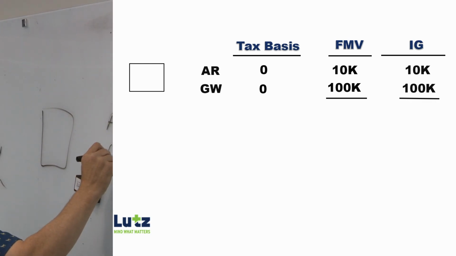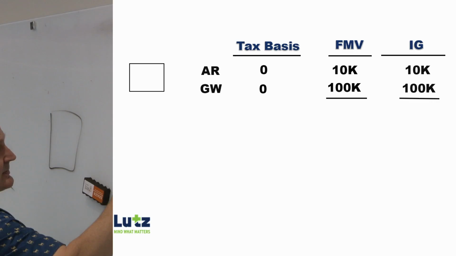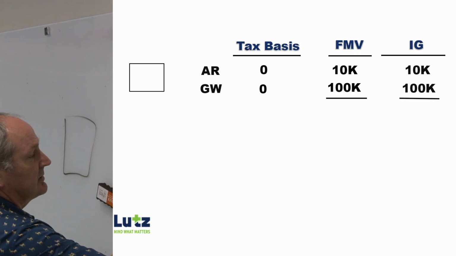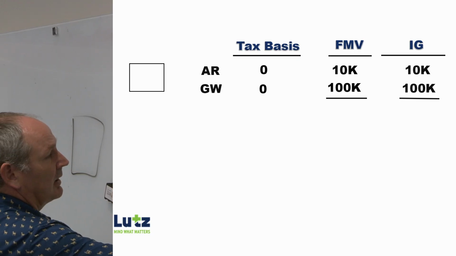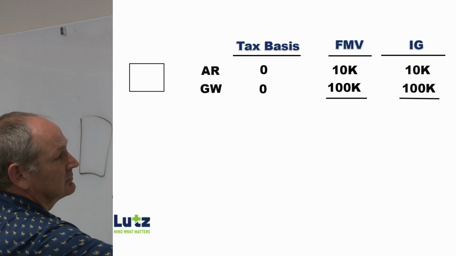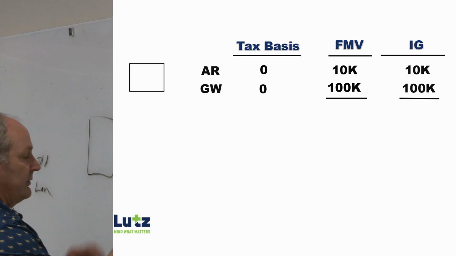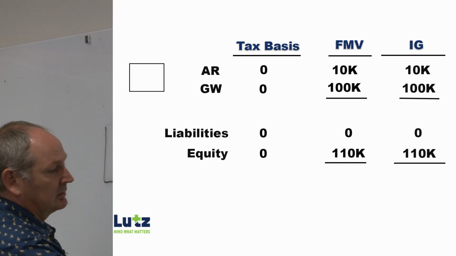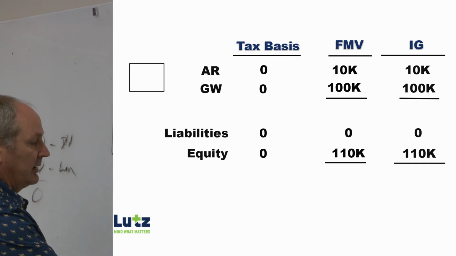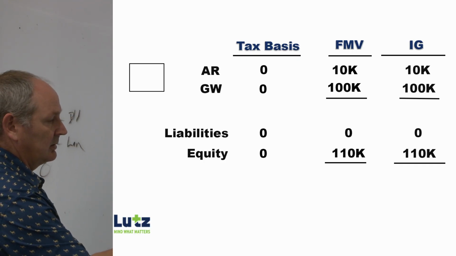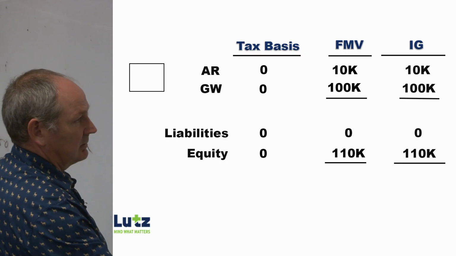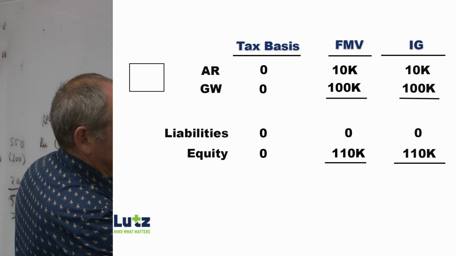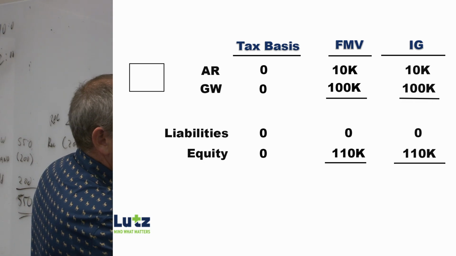We have goodwill with tax basis of 0, and we're going to say this is 100,000. And we have liabilities, 0, 0, 0. Equity, 0, 110,000, 110,000.